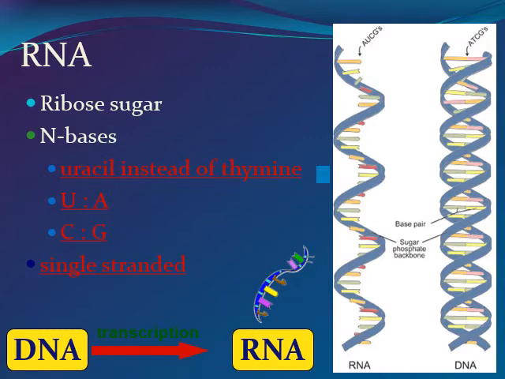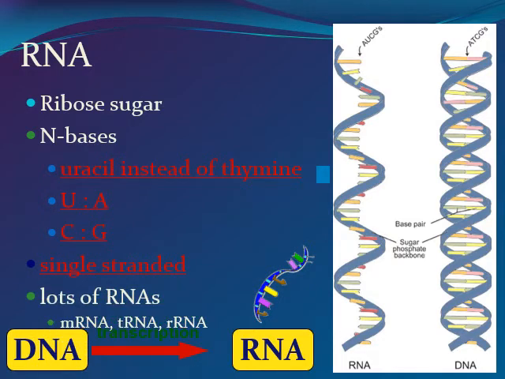RNA is a single-strand polynucleotide molecule and has many types: messenger RNA, tRNA, and ribosomal RNA.